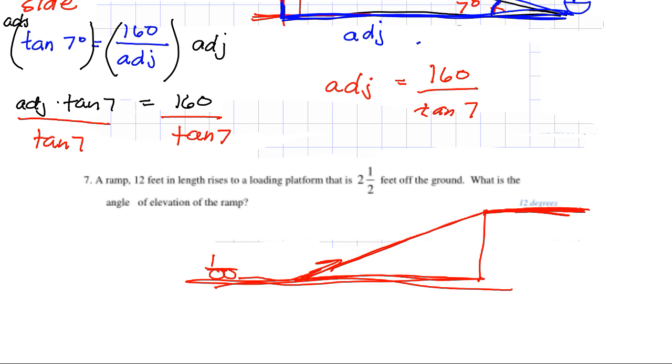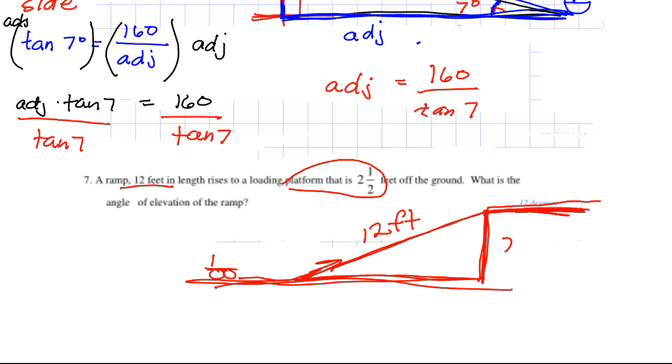So the ramp is 12 feet in length. That means the hypotenuse is 12 feet. The loading platform is 2.5 feet off the ground. So this side right here that goes from the ground up to the loading platform is 2.5 feet.